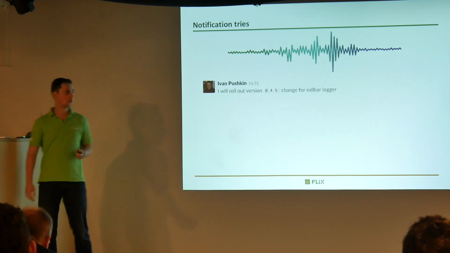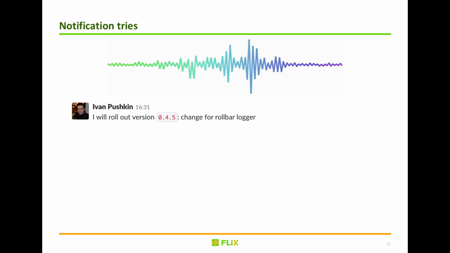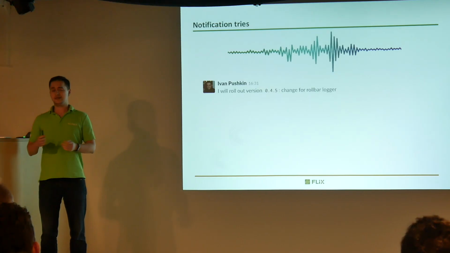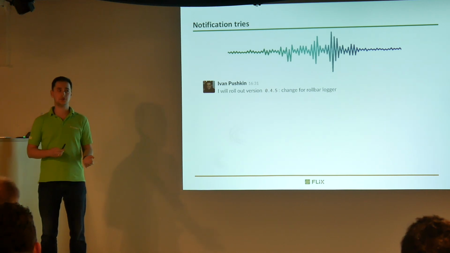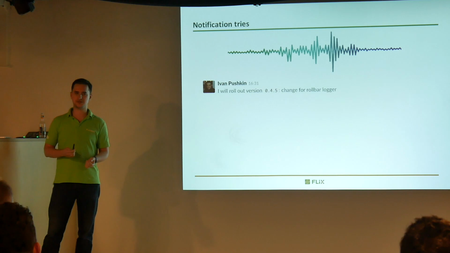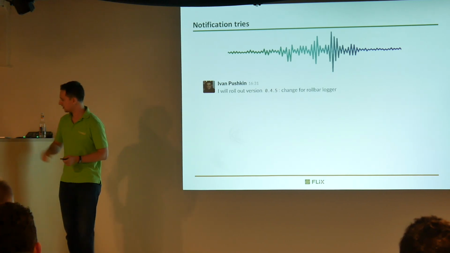Second thing, writing messages to Slack, hey, I'm going to deploy, without any other notifications. It's kind of better, but still these messages look totally like every other message in your Slack channel, so you cannot see history of deployments easily.